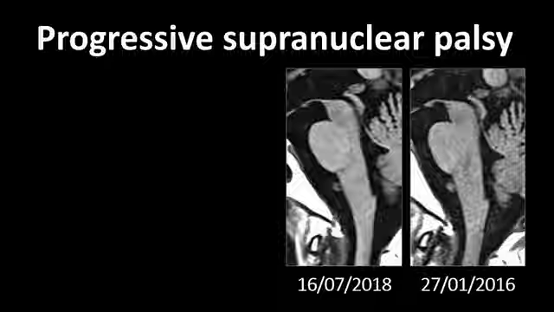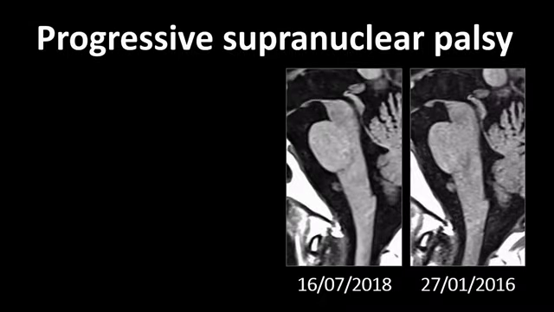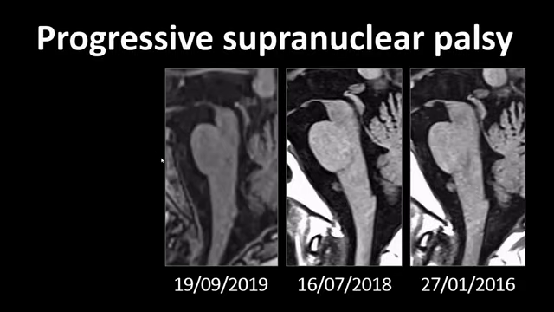If you look at images in the same patient 2 years later, even there we could say it looks a bit like a hummingbird or a penguin if you want it to be, but also here there is no clear midbrain atrophy, maybe a little bit, but you would easily miss it if nobody asked you to look at the midbrain.